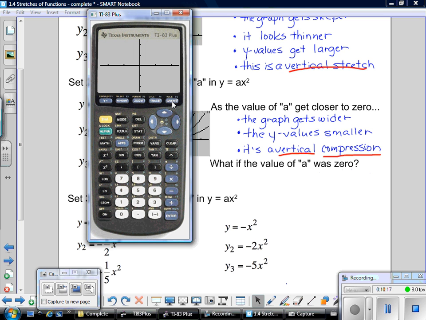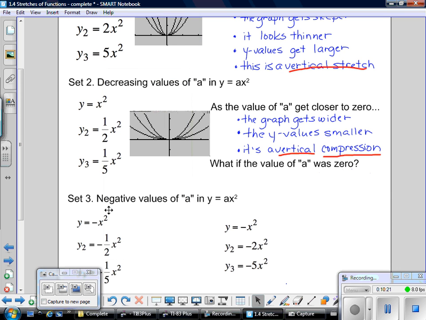Well, nothing appears. Now, it could be that our window's off, but actually what it means is we get a horizontal line, which is the x-axis. Because if a is 0, anything multiplied by the x squared is going to come out as 0. So we end up with a linear function because it's gotten rid of the squared on us.